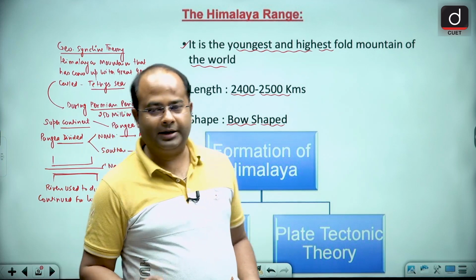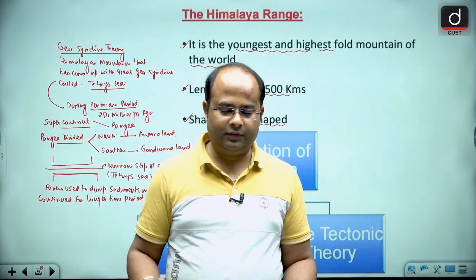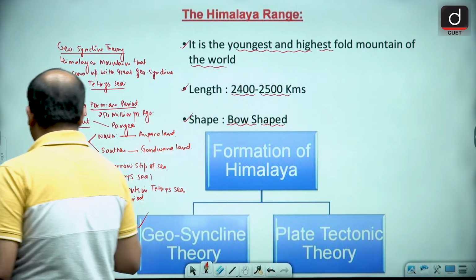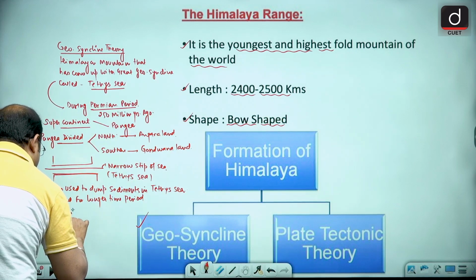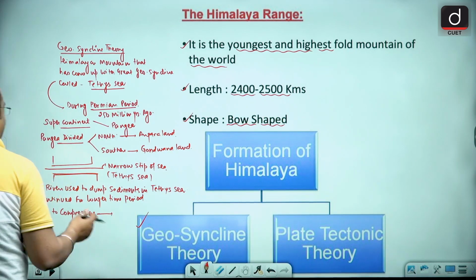And then there was a condition of the folding of the sediments.